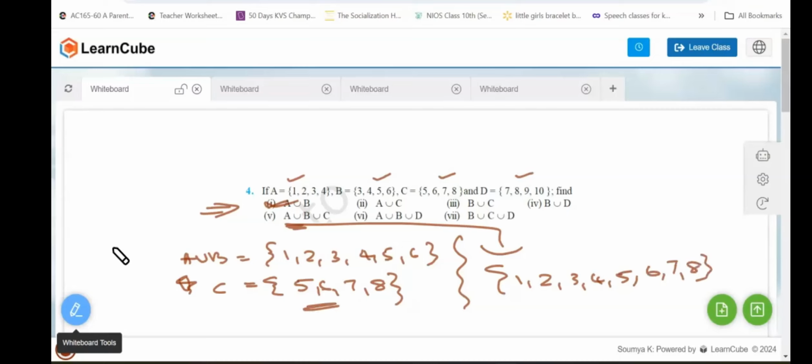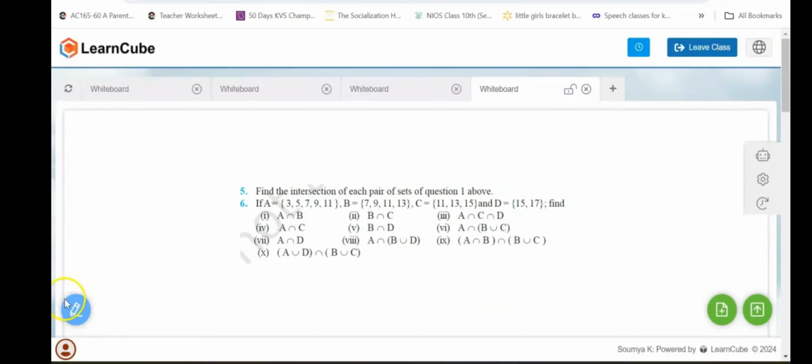This 5 and 6 are repeated in both the sets, so it will be taken only once. This is the resulting solution of your fifth question. Similarly, you can do sixth and seventh question as well.